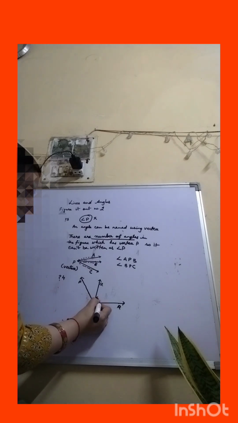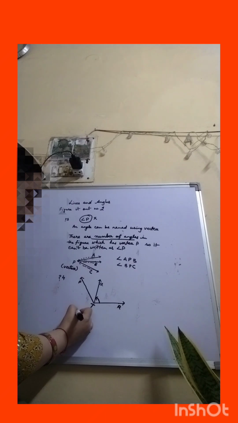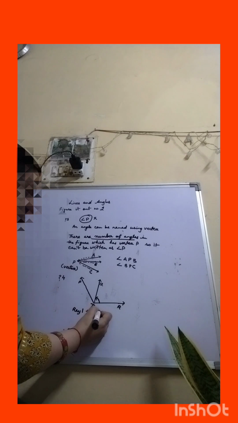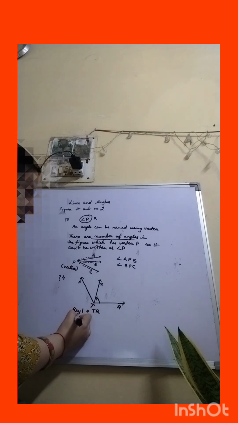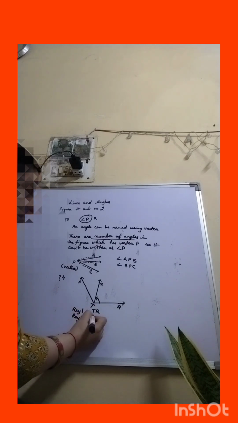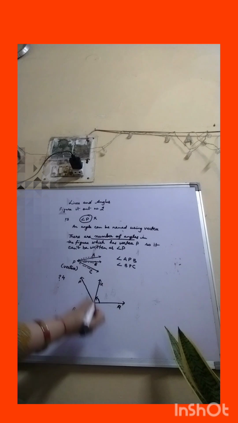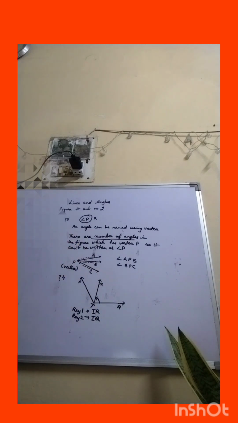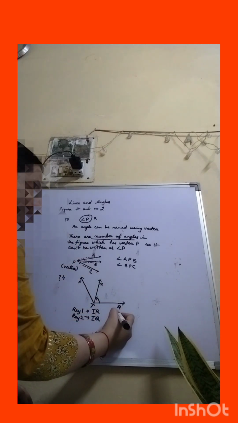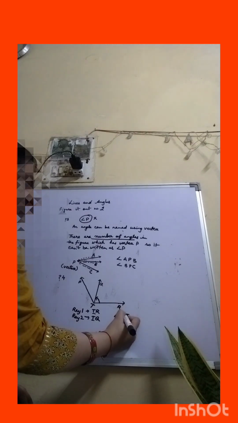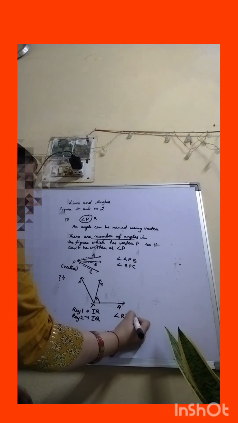This is the angle. So ray 1 is TR, ray 2 is TQ, and what is common among these two? T is common. So name of angle would be T is the vertex, and I would get RTQ.